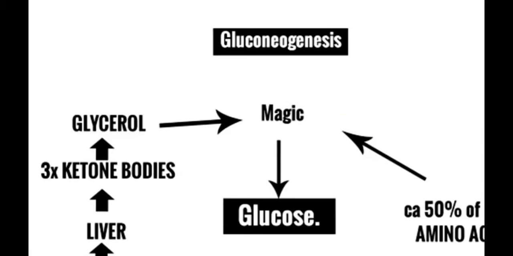So how does it go? Fat goes to the liver. The liver produces ketone bodies. Ketones, the simplest ketone is acetone, and glycerol. And from these substances, ketones can be used as a source of energy by muscle. And from glycerol and ketones in the liver, glucose can also be produced.